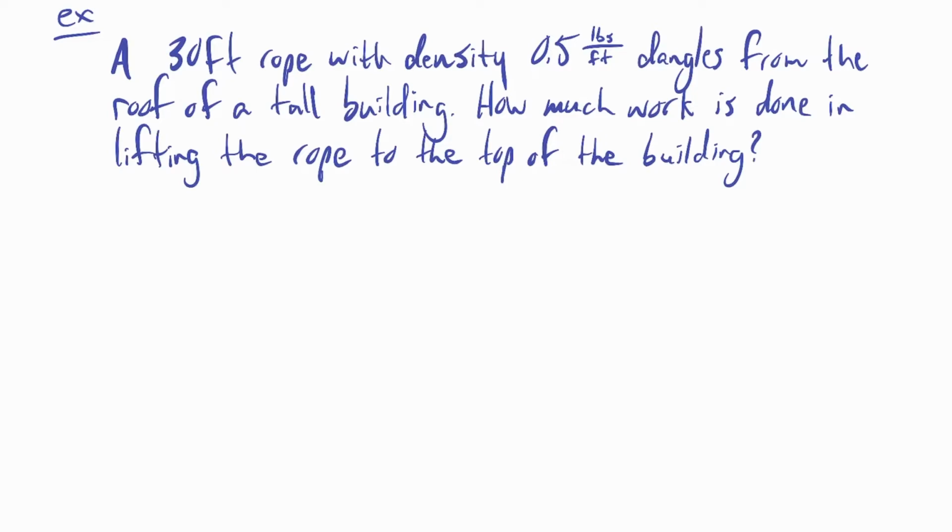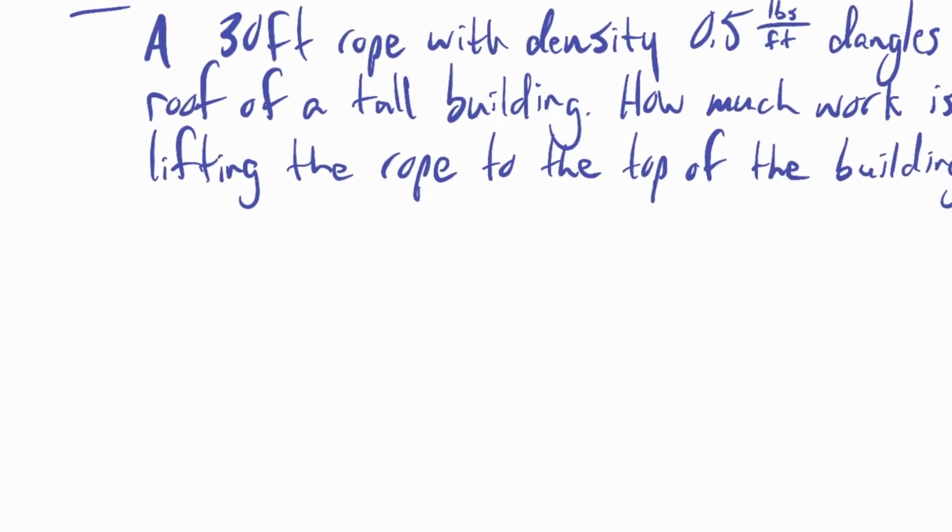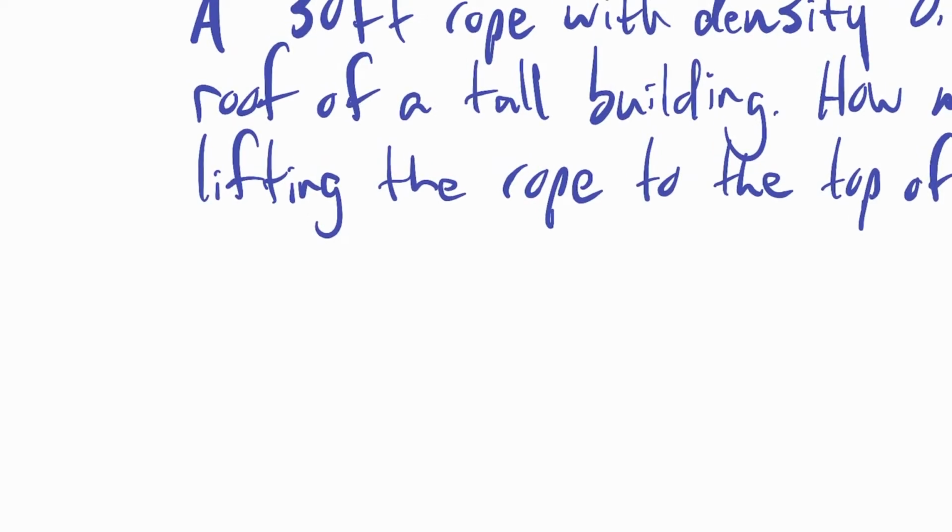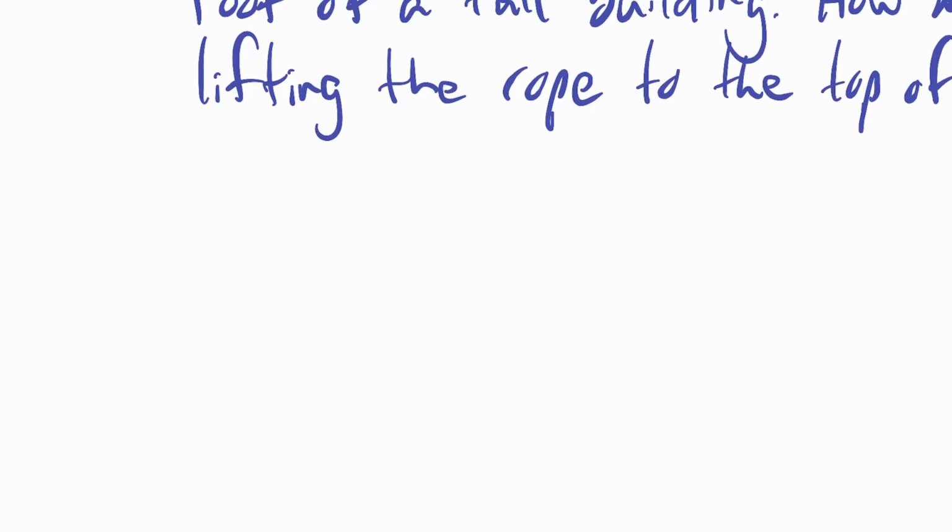So notice that this is pounds mass, not pounds force, so we're going to have to make sure we adjust for that. So I'm going to talk about first lifting just a simple object, and then we'll talk about something like a rope. So let's say we have a 20-pound rock, right?